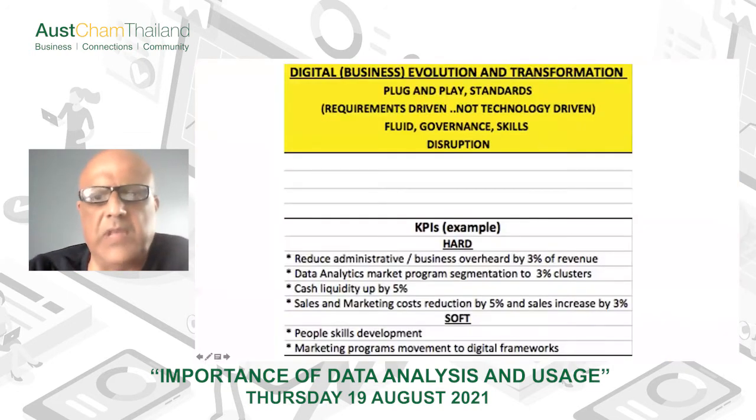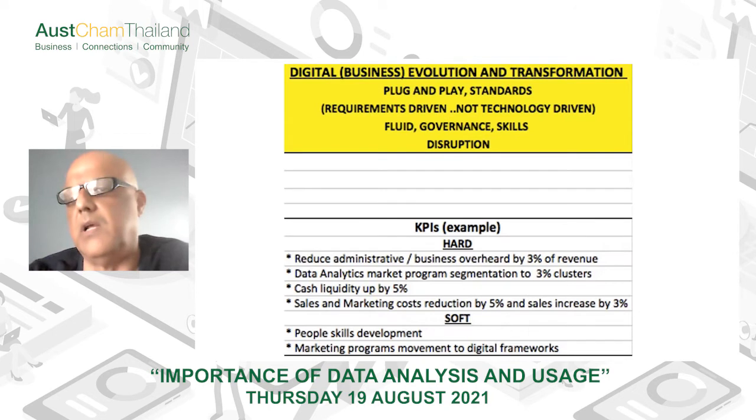So one of the objectives at a board level, at a CEO level, is exactly what does this imply when you go into a digital strategy format. So the evolution and transformation. And one of the things at a board level that we had done is, what is it that we want out of this? So here are some very, very simple examples.